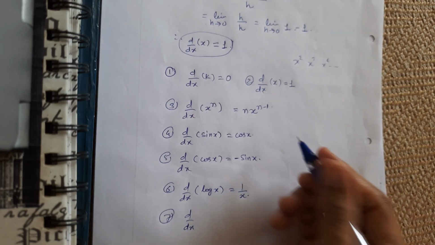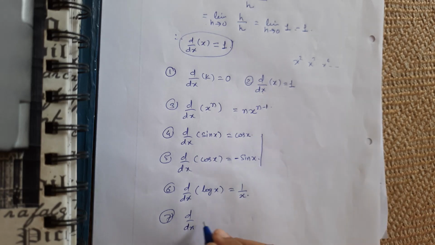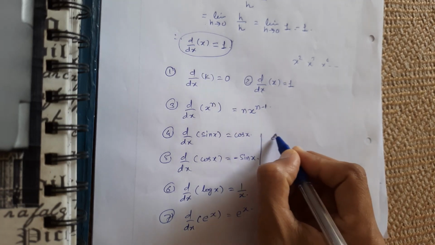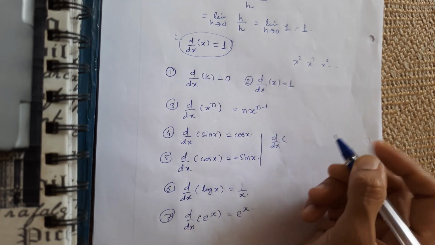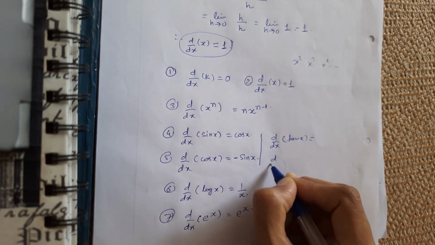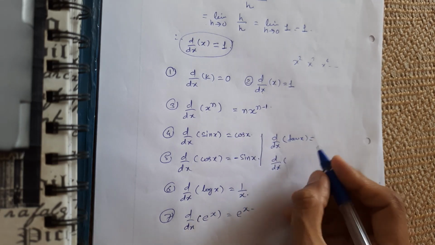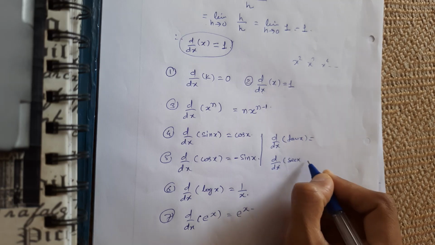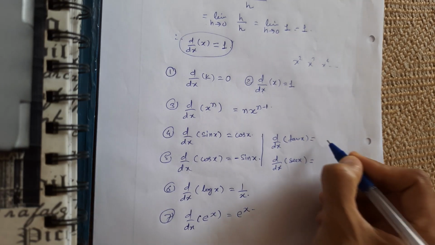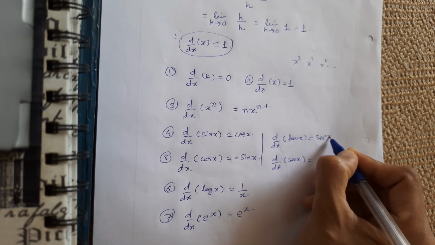Derivatives of other trigonometric functions are also important. So I will just write derivative of e raised to the power x is e raised to the power x. Derivative of tan x is sec square x.